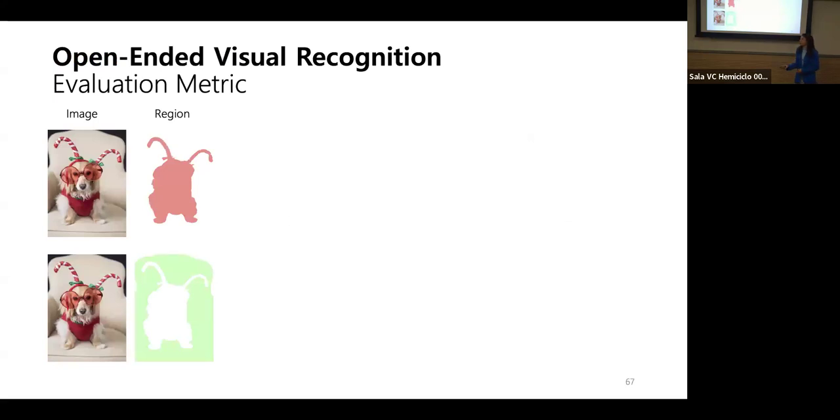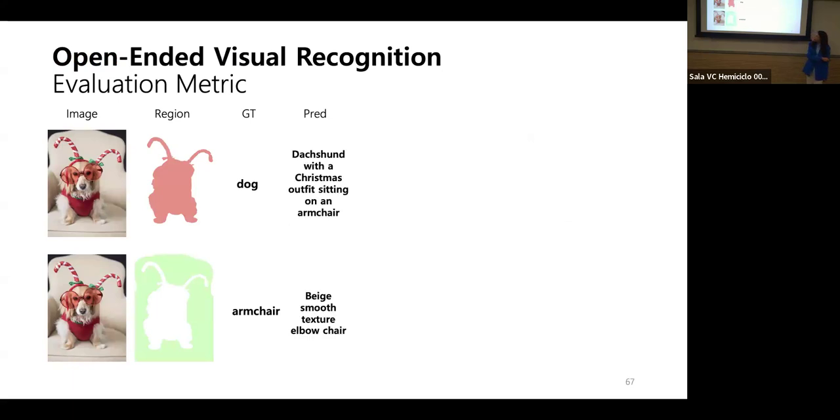So let's consider an example. If we have an image and the segments associated to this image, we can also have the ground truth category of them. Let's assume that this is the output of a multimodal LLM.